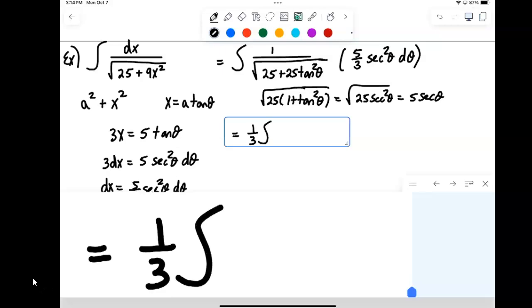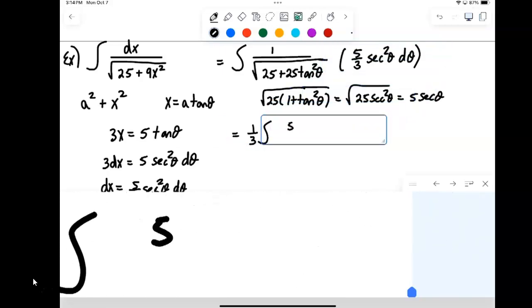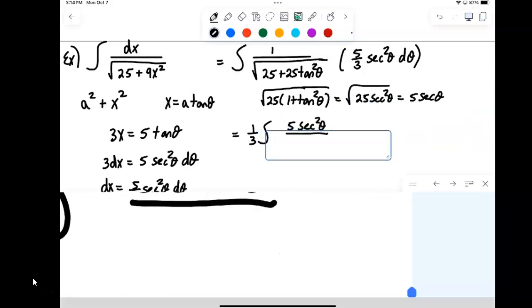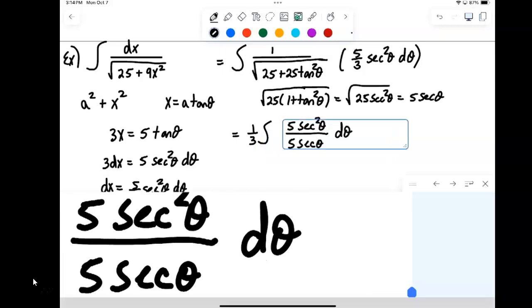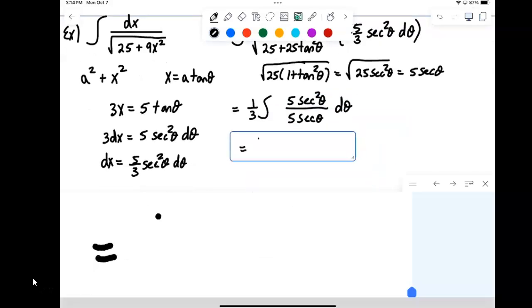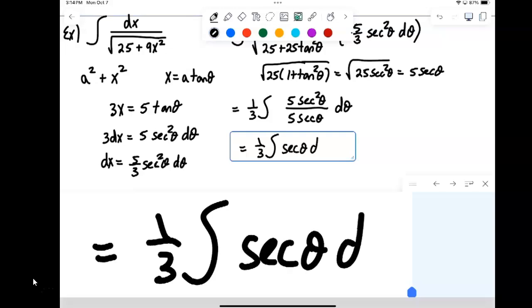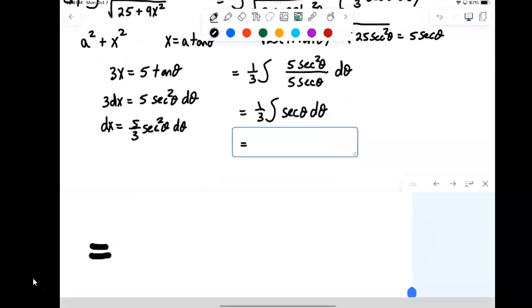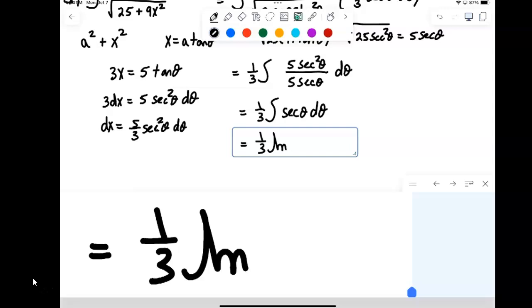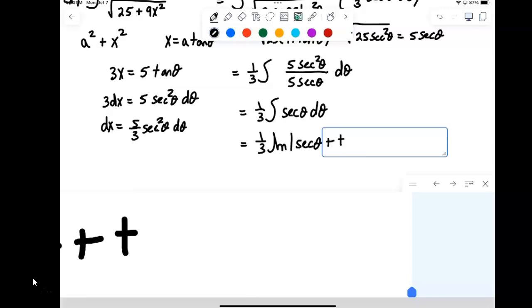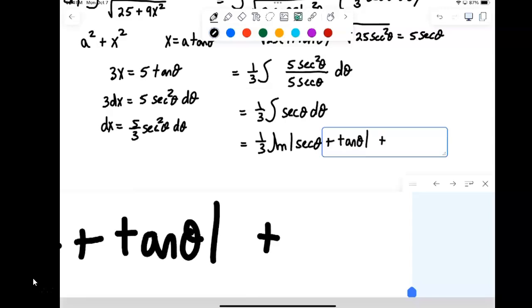And I'm going to have the integral of 5 secant squared theta over 5 secant theta d theta. So of course the secant cancels, and we just have 1/3 the integral of secant theta d theta. We remember that to be the ln of the absolute value of secant theta plus tangent theta plus a constant.